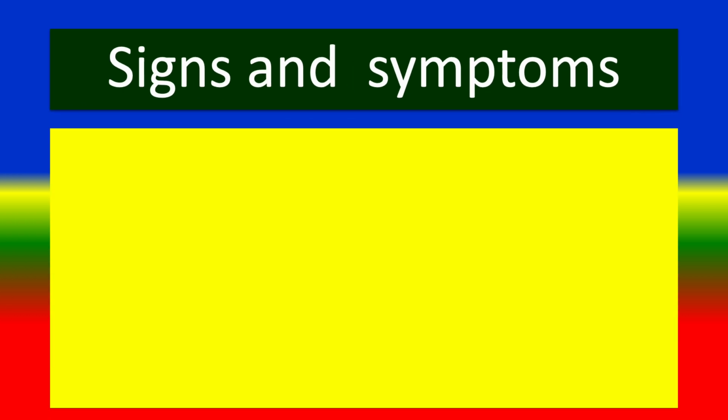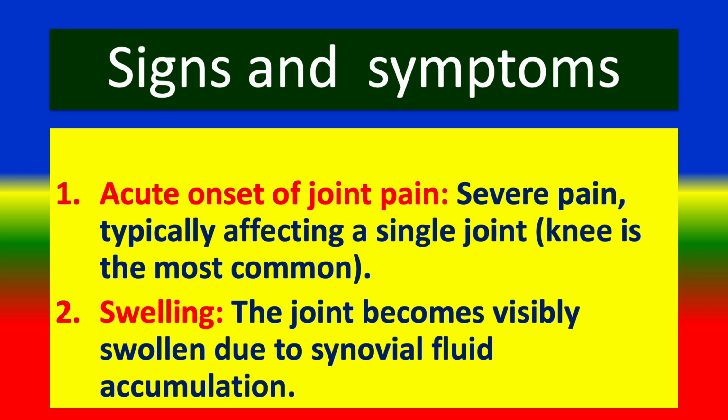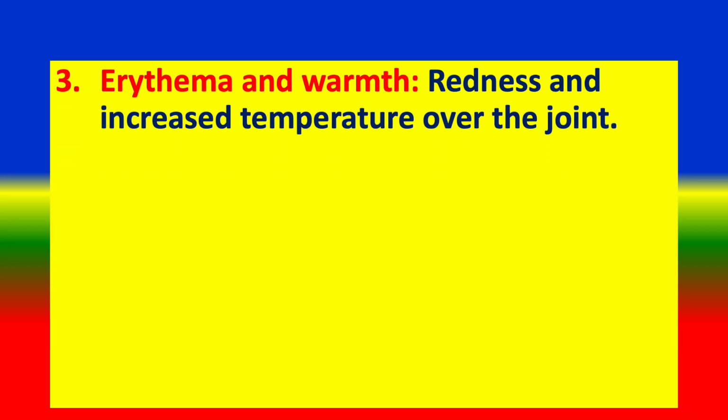Signs and symptoms: 1. Acute onset of joint pain, severe pain, typically affecting a single joint. 2. Swelling. The joint becomes visibly swollen due to synovial fluid accumulation. 3.